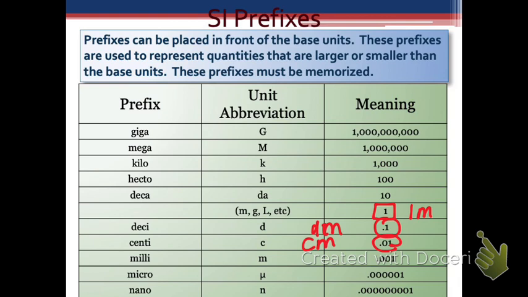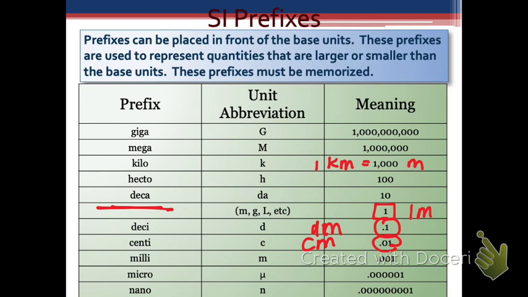Okay, the prefixes that are below this blank space or the base, those are units that represent quantities smaller than the base. And above it means those are quantities that are bigger than the base. So a kilometer is equal to 1,000 meters, right? 1 kilometer is equal to 1,000 meters.